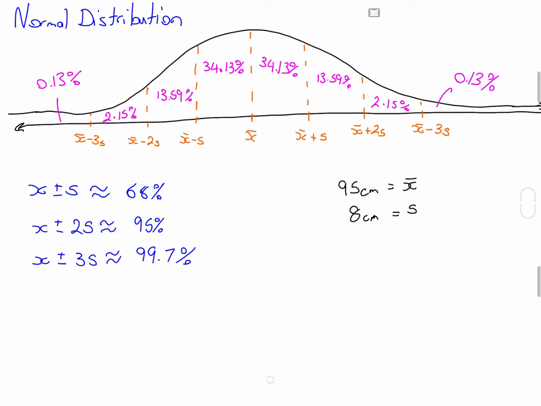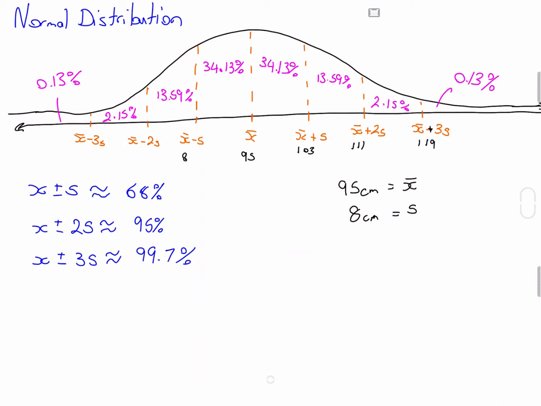Well, if our mean is here at 95, what we need to do is work out what the values are for 1 standard deviation, 2 standard deviations, 3 standard deviations away. And in fact, this should be a plus. So 95 plus 8 gives us 103. 103 plus 8 gives us 111, 119, and so on.